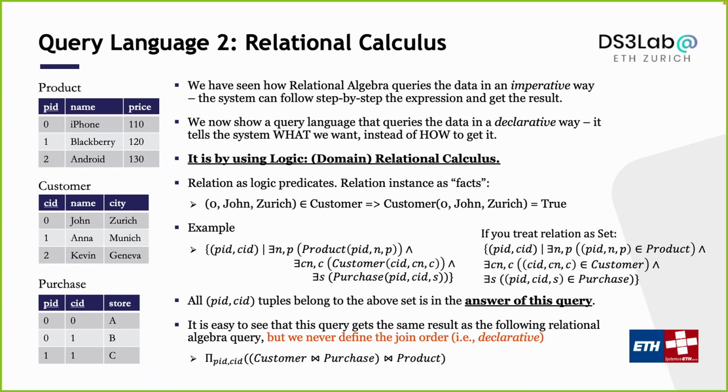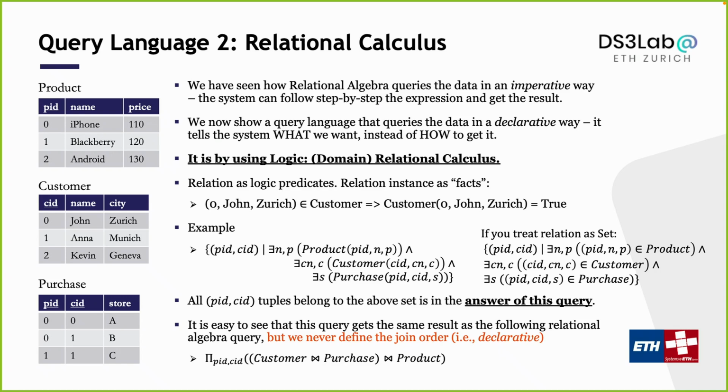If you go back and look at this relational algebra formula and that logical formula, it's very easy to see that it will give you the same result as the answer to this query.